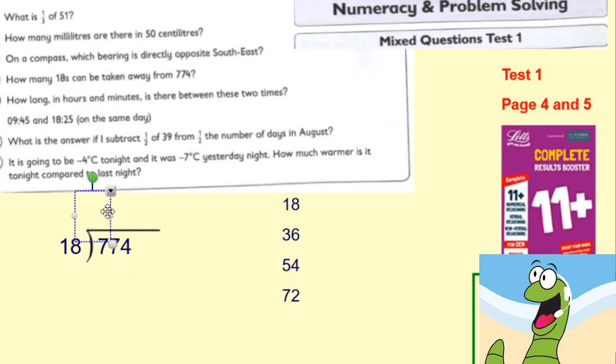I'm going to put a 0 there because 18 doesn't go into 7. Now I write a 4 there, because we know it goes in 72. So I'm going to write 72 in here.